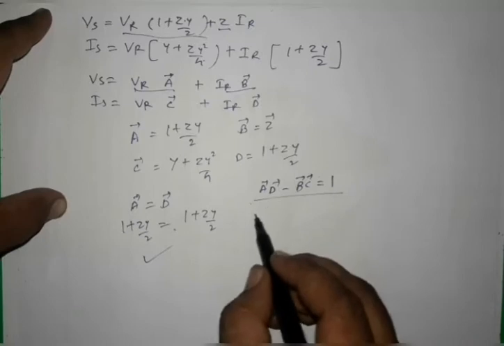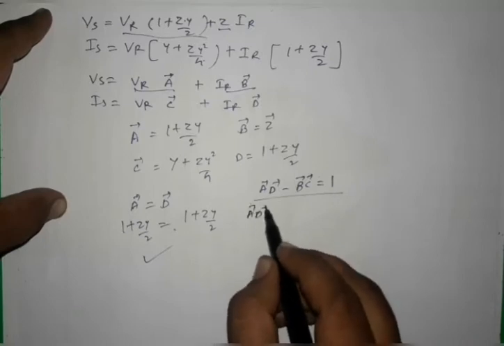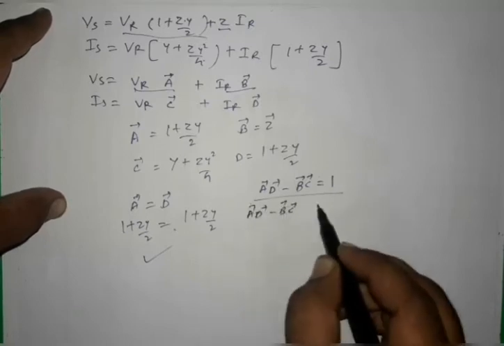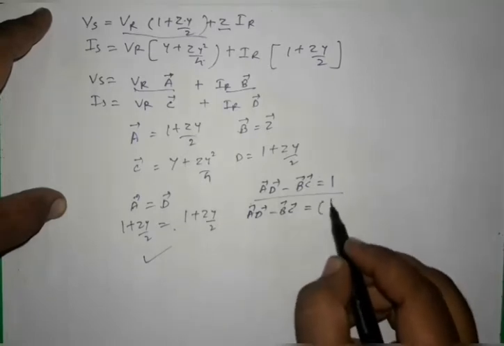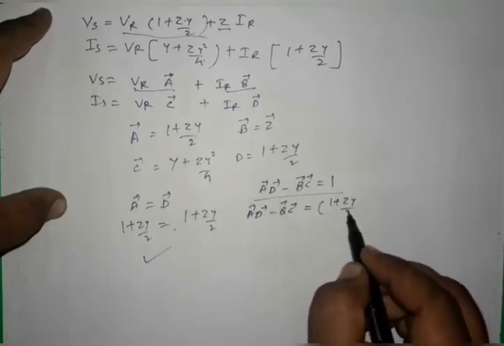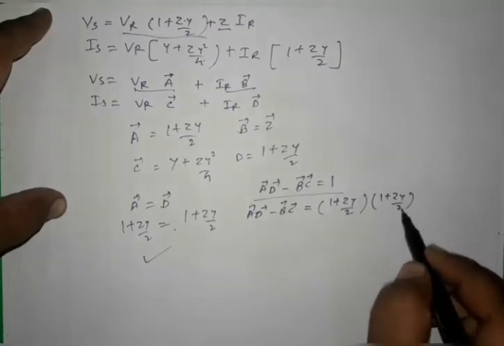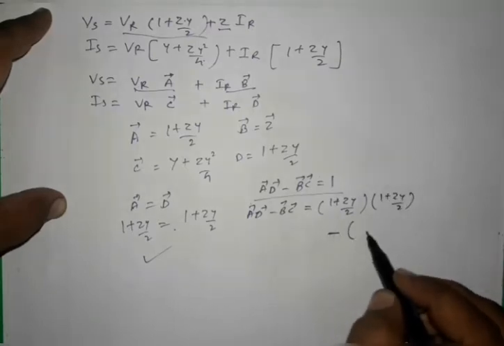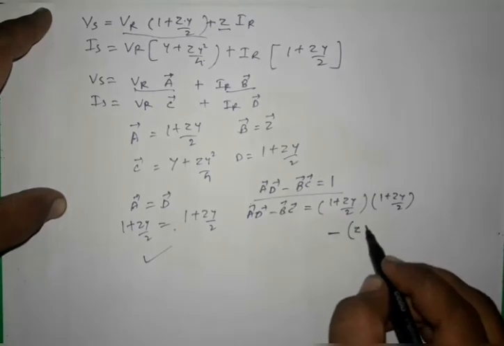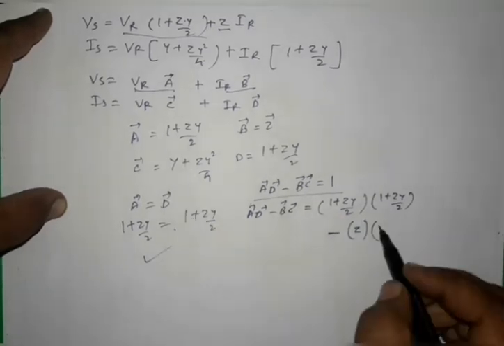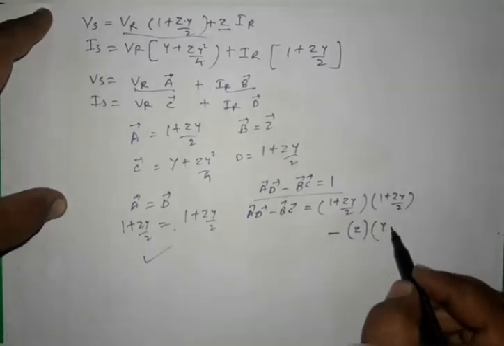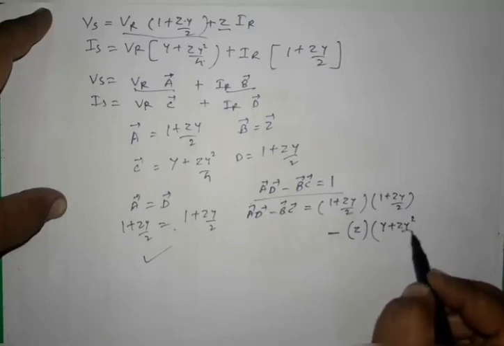So for that purpose we write AD minus BC. A is equal to 1 + ZY/2, D is equal to 1 + ZY/2, minus B is equal to Z and C is equal to Y + ZY²/4.